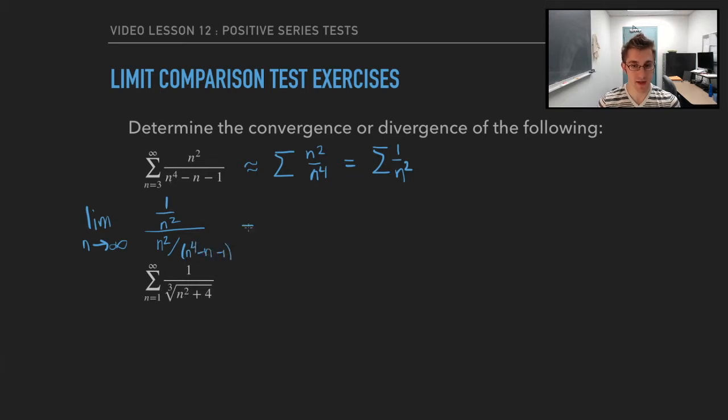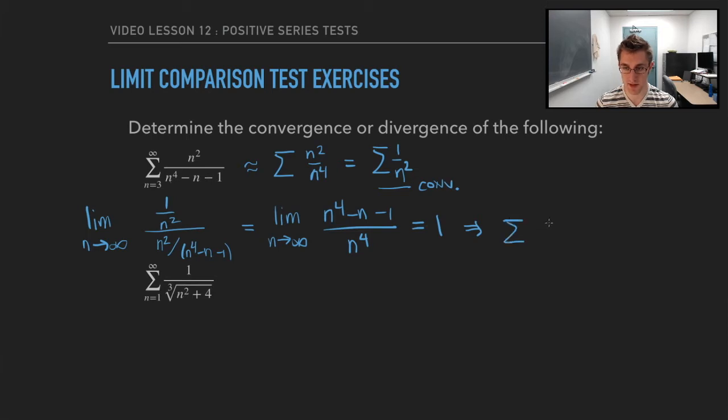After I simplify things, so this n squared goes into the denominator here, this goes into the numerator, I get the limit of n to the fourth minus n minus 1 over n squared times n squared, which is n to the fourth. And then we can see this limit is 1, and just like before, since this converges, my original series must also converge.